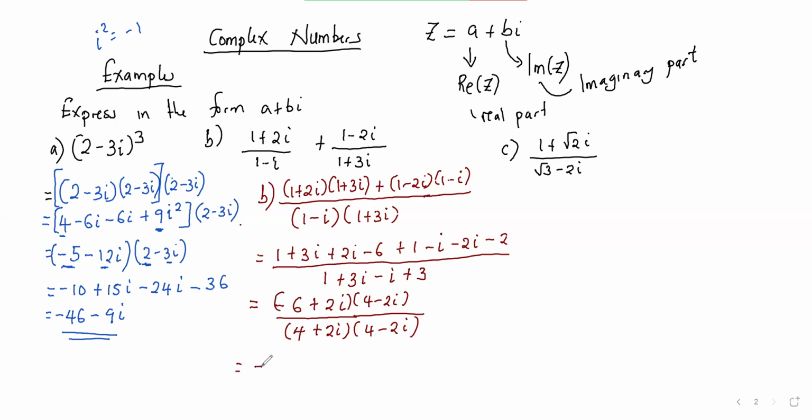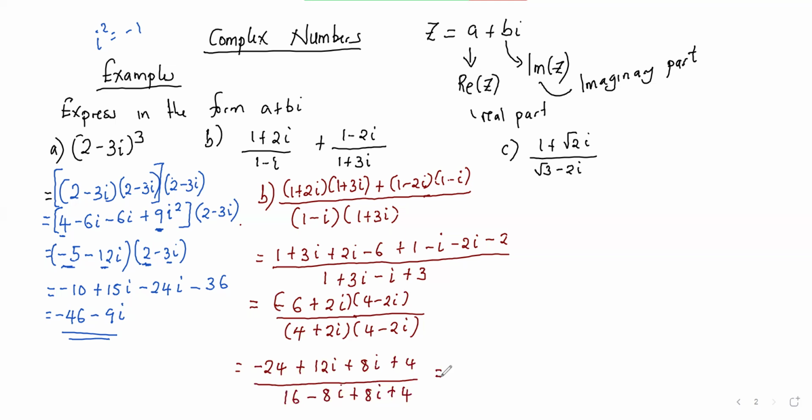So negative 6 times 4, negative 24, plus negative 6 times negative 2, that will be plus 12i, plus 8i, i times i, negative times negative, positive, 4, over 16 minus 8i plus 8i, i times i, negative times negative, plus 4.